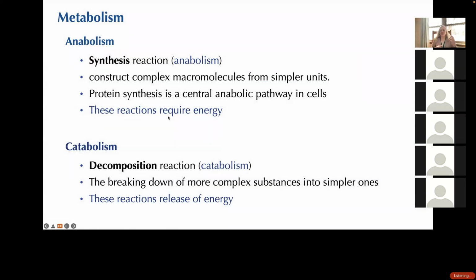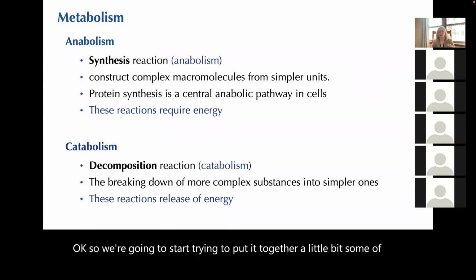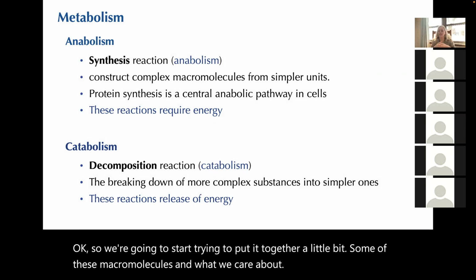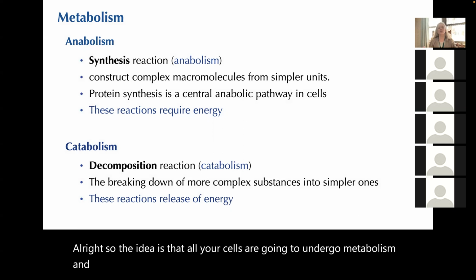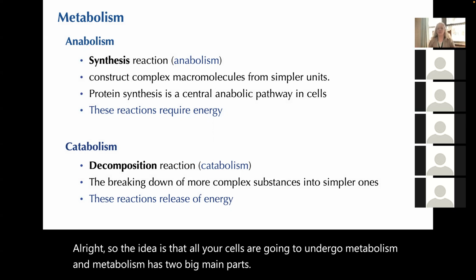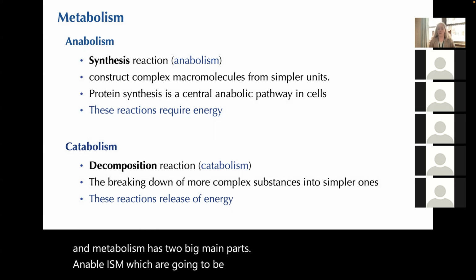Okay, so we're going to start trying to put together some of these macromolecules and what we care about. All right, so the idea is that all your cells are going to undergo metabolism. And metabolism has two big main parts. Anabolism, which are the synthetic reactions.